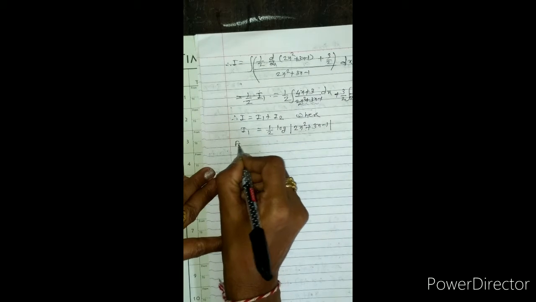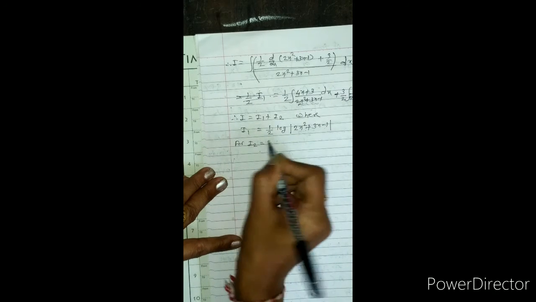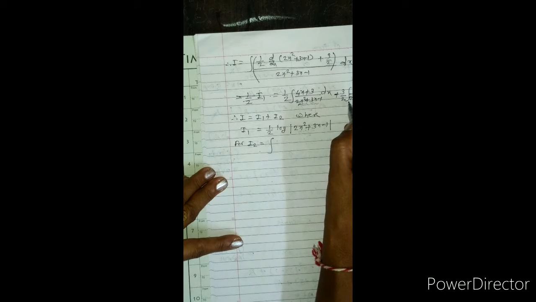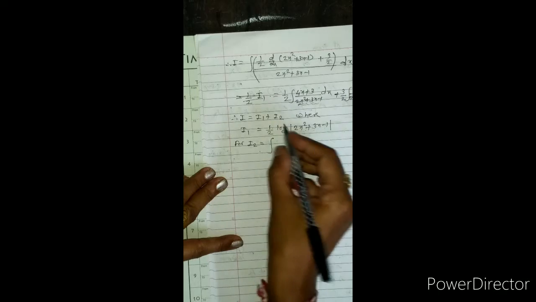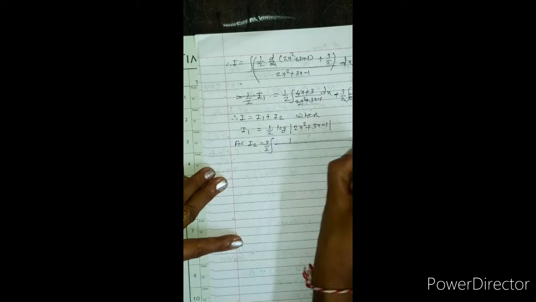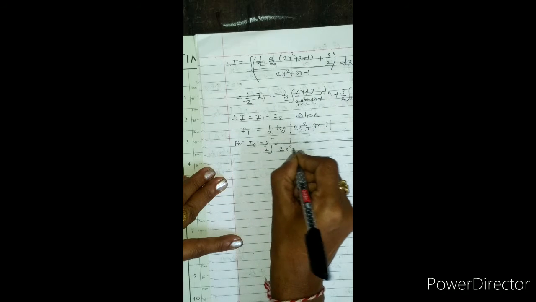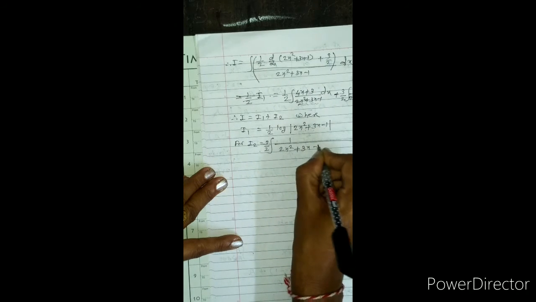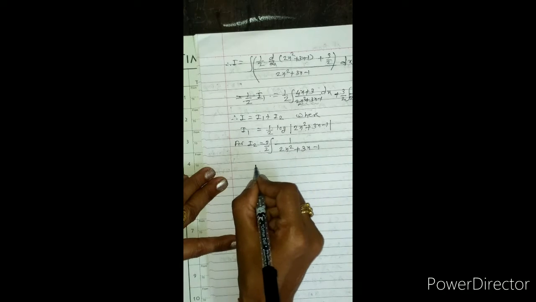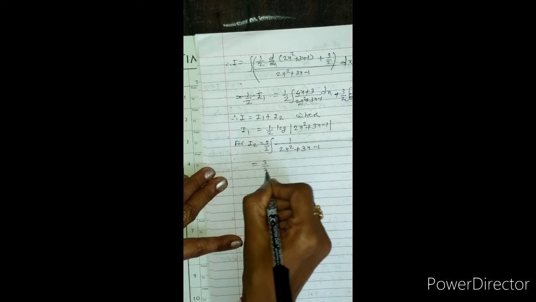Now for I2, 3 by 2 is a constant for the integral I2, and that becomes 1 upon 2x square plus 3x minus 1, the whole integral with respect to x.